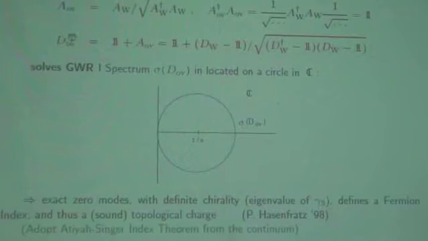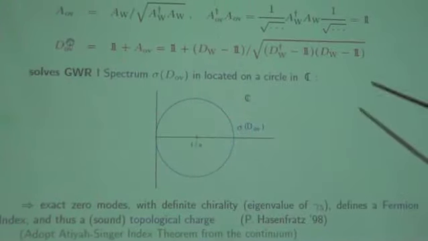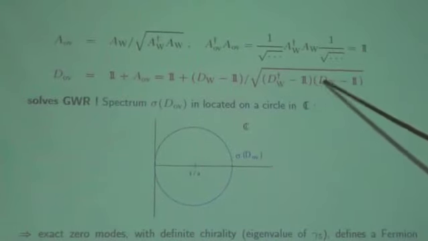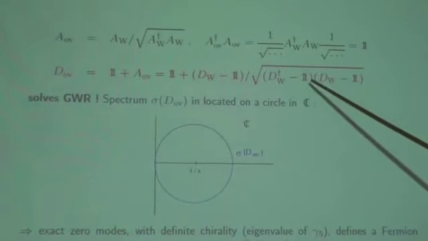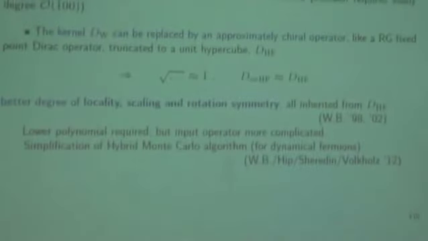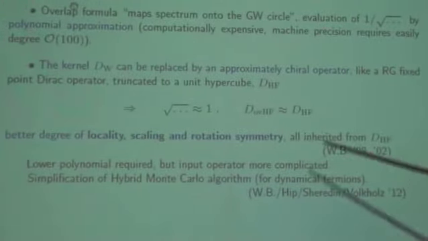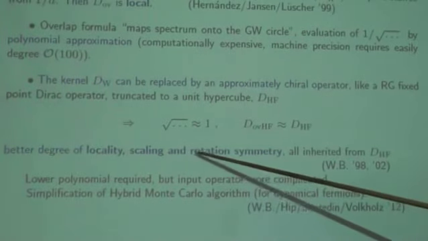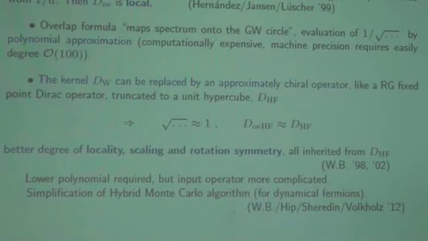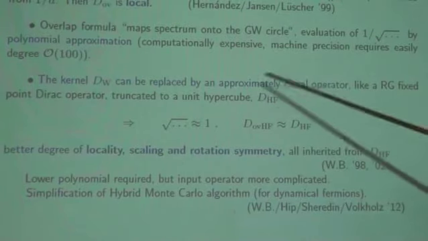If this is Ginsparg-Wilson already, the square root would be 1; now if it's approximate, it is closer to 1. We have fewer problems with locality, and in fact we can see that it is much more local. We also have better scaling and rotation symmetry, so it approaches the continuum values faster thanks to this renormalization group improvement, but it is again more complicated.